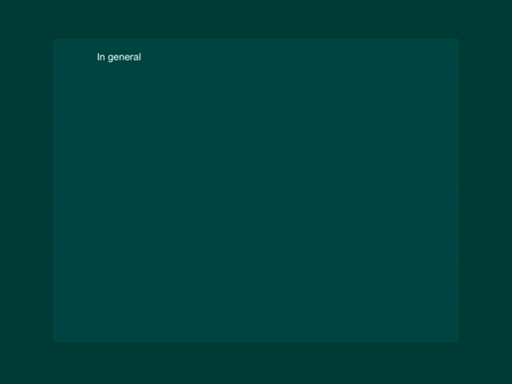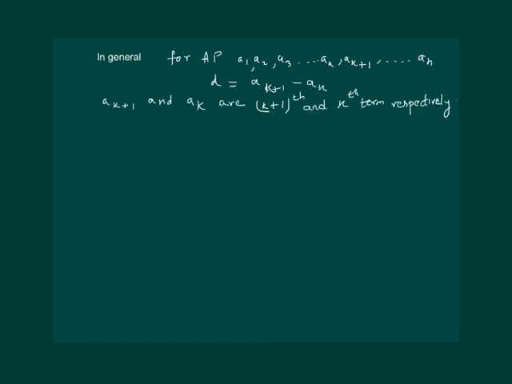In general, for an arithmetic progression, the common difference d can be calculated by subtracting two consecutive terms, a(k+1) minus a(k), where a(k+1) and a(k) are the (k+1)th and the kth term respectively.